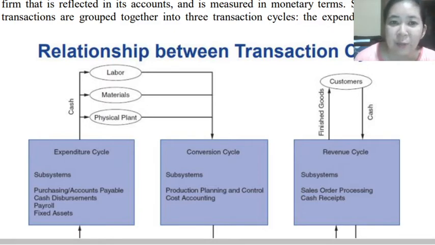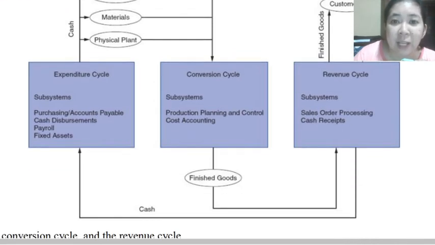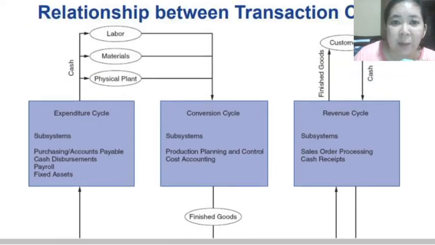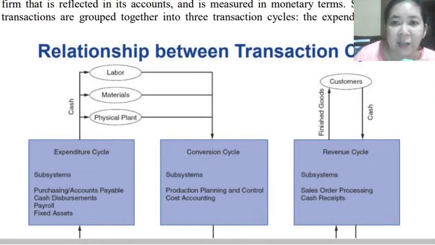The firm should first spend for them to create a product or service that they can offer to their customers, and in return it will bring them revenues. That's why, if you could notice here, revenue cycle is the first item in our transaction cycle illustration right here.